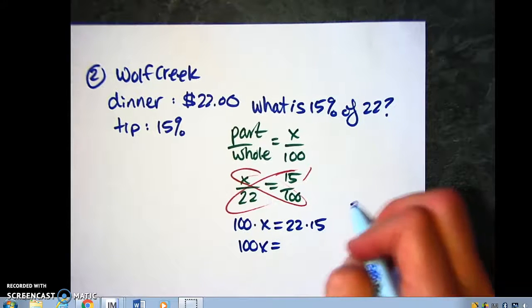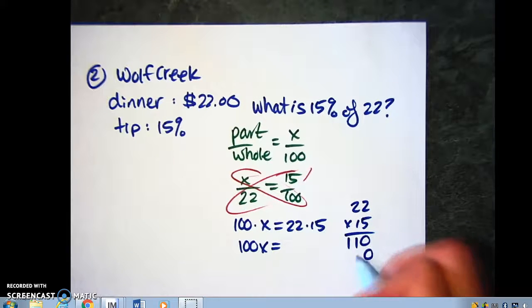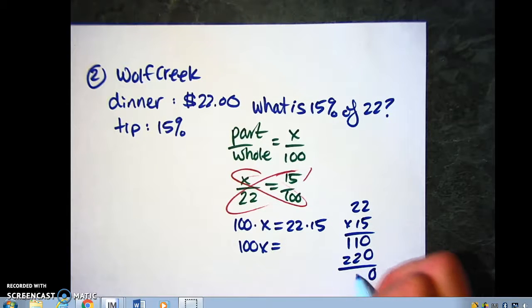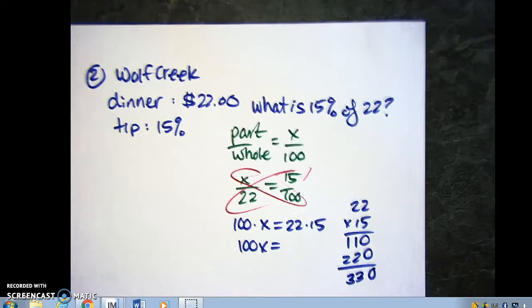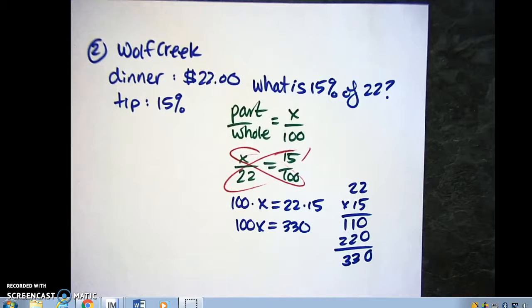Simplify. You figure out what 22 times 15 is off to the side. $330. And I'm trying to get x by itself, so I need to get rid of that 100. 100 times x. The opposite of that, or inverse operation, is divide. And whatever I do to one side of the equation, I do to the other.